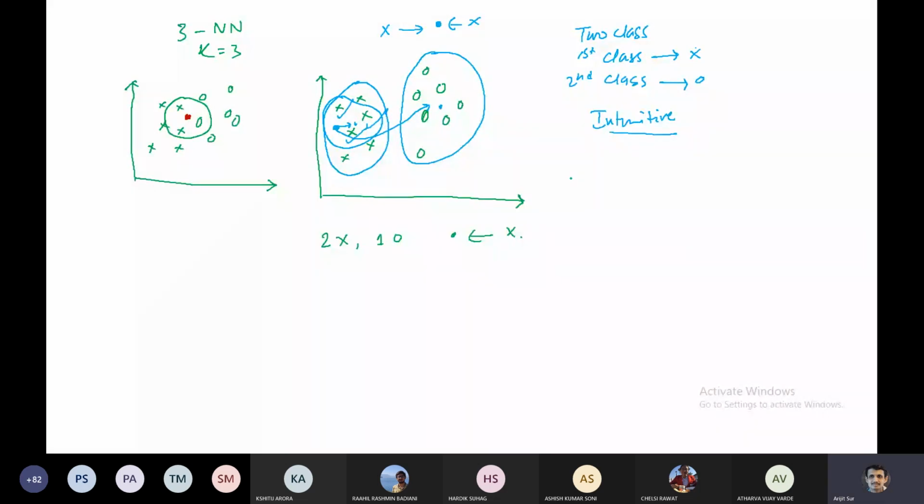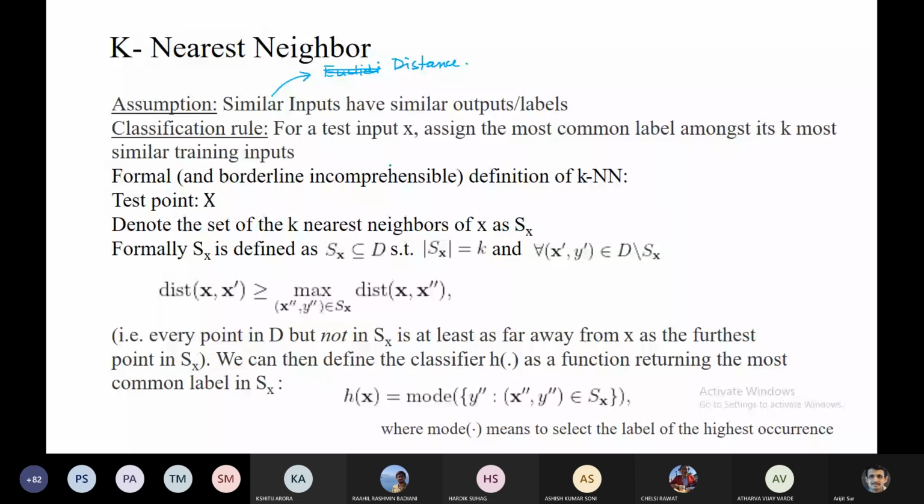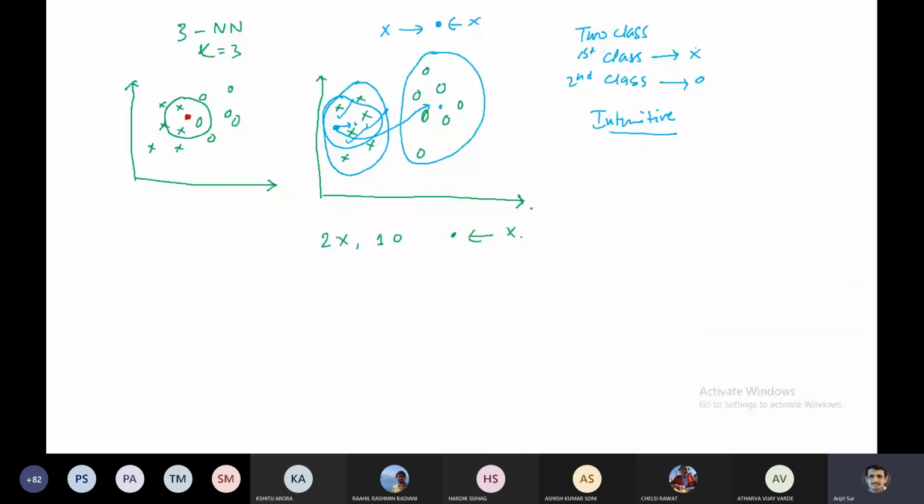So let's try to formalize it. The formal definition of k nearest neighbor is basically this: the test input is x, and we denote the set of k nearest neighbors. How is this k nearest neighbors set defined? K nearest neighbors means these nearest neighbors, or these 3 points.